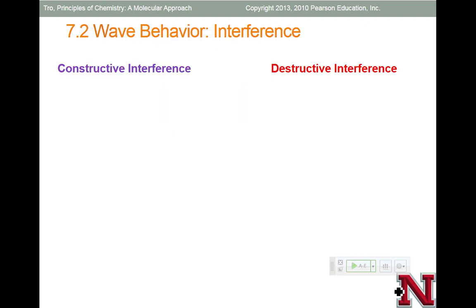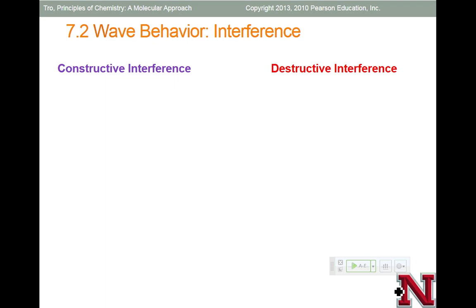Why am I telling you about this light? Because we want to relate it to wave behavior. And this is all going to relate to experimentation that was done to understand how subatomic particles exist. So first we have to talk about two different types of interference. We have constructive interference and destructive interference.